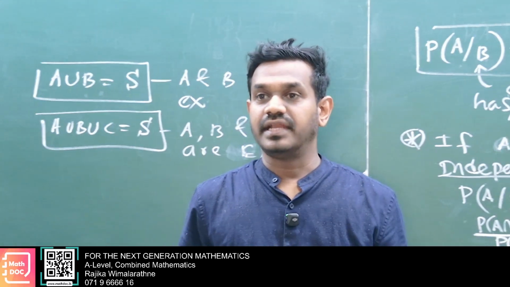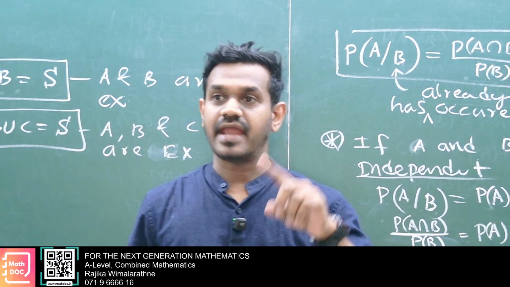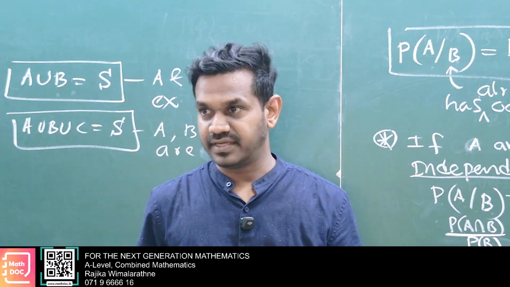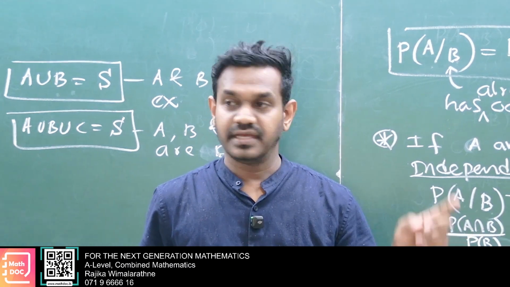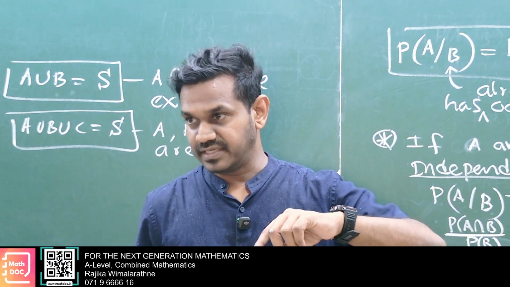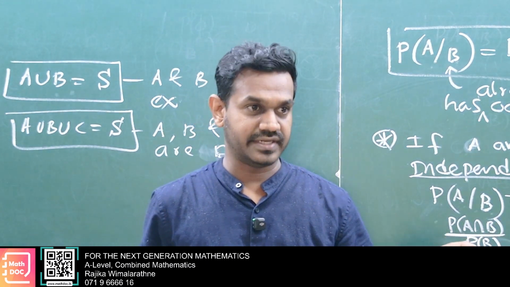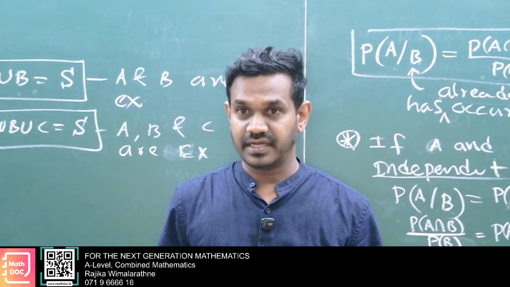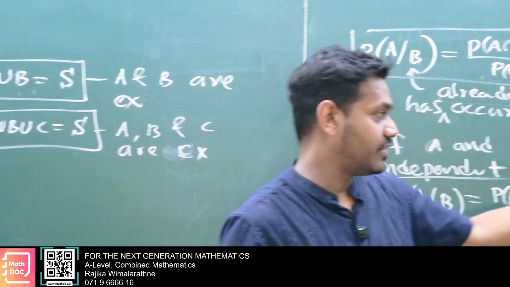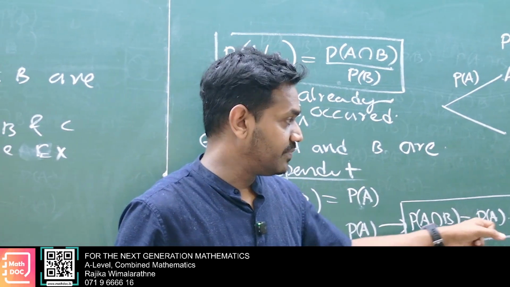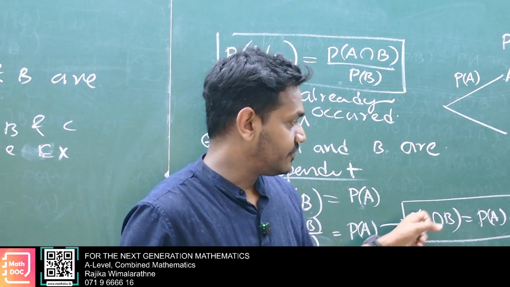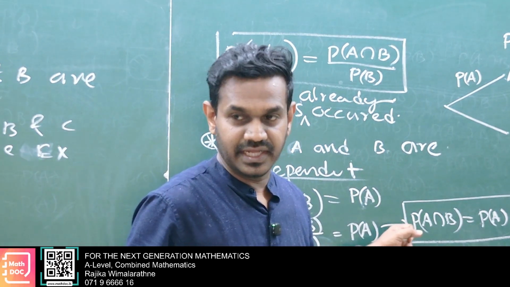That is what we call independent events. For independent events you have to remember this formula: if this is satisfied, then we say A and B are independent.